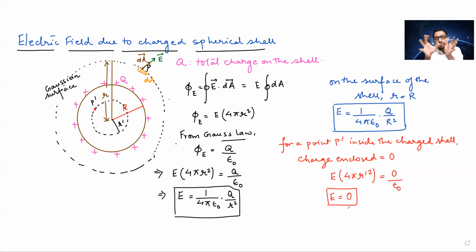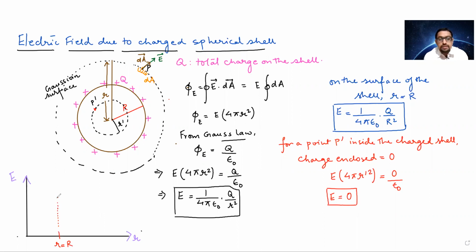If we plot this situation into a graph, we get this kind of graph between electric field and the distance r from the center of the shell. This is E and this is R. Let's suppose we mark a point which denotes the radius of the shell.